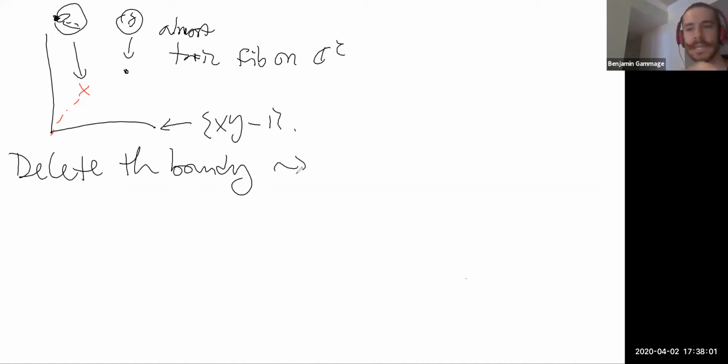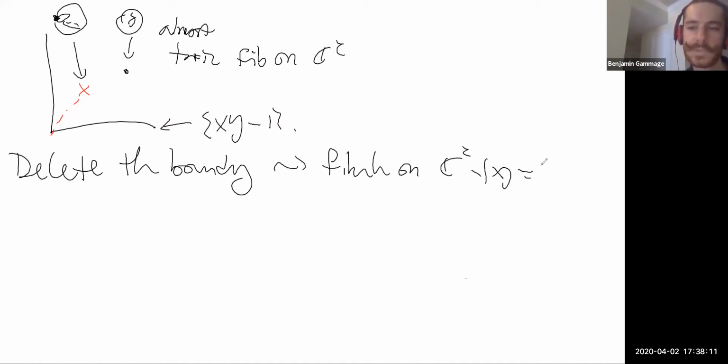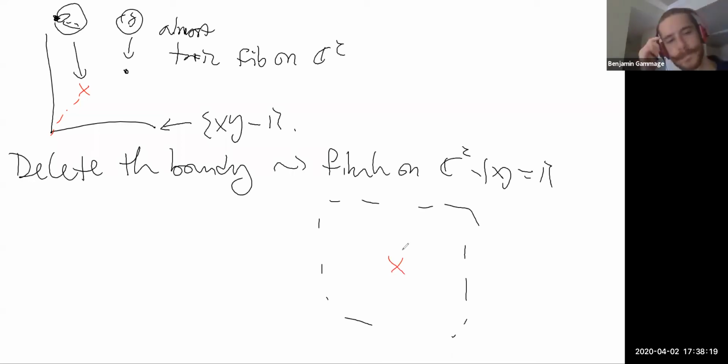I'm now deleting this quadrant here. So what I get is a fibration on C2 minus xy equals 1. And once again, it's a fibration that's got just this one singular fiber here. Okay, so that's very cool.